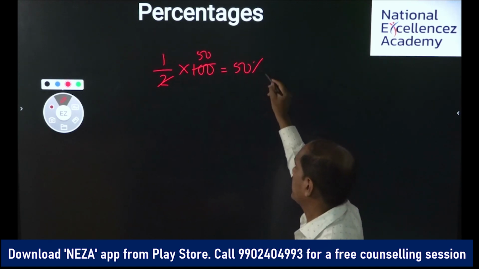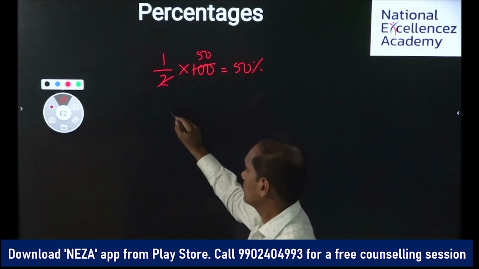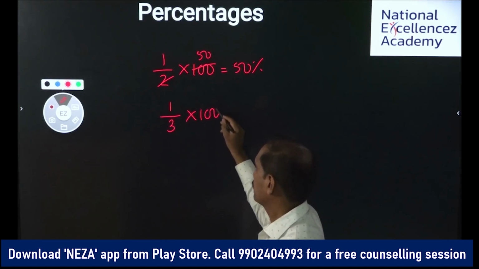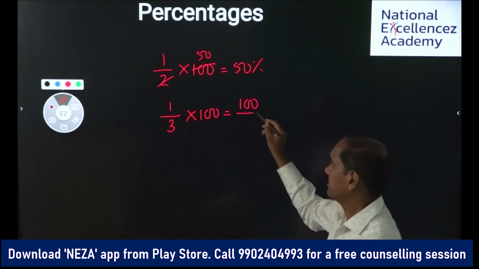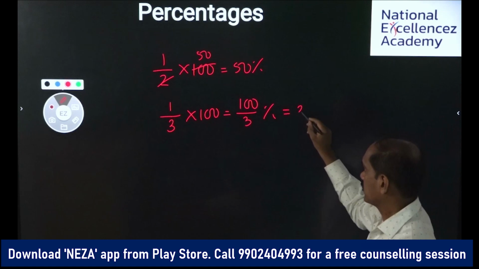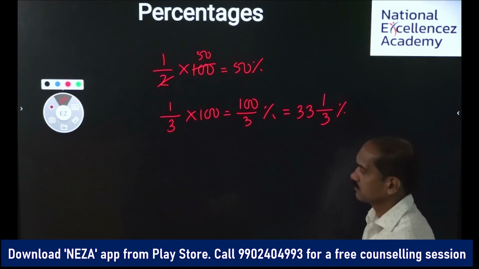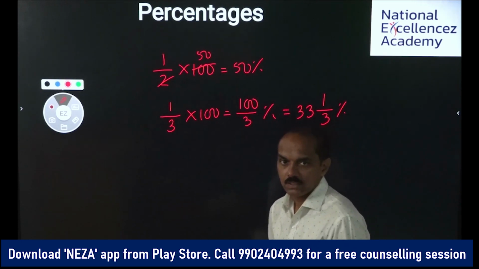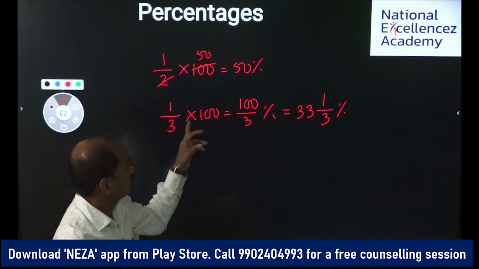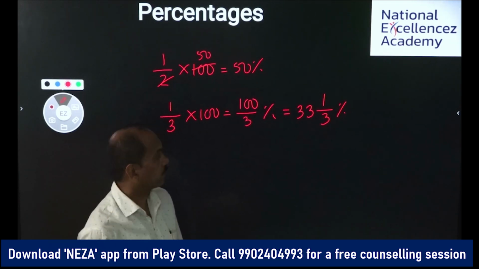So 1/2 stands for 50%. 1/3 into 100, which is 100/3%. You can do it like this. 33 1/3 is a mixed fraction. So 1/3 can be 100/3%, can also be written like 33 1/3%.